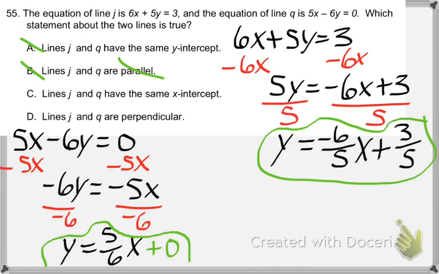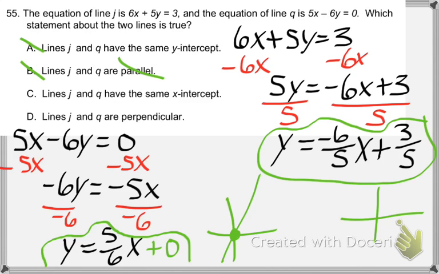Okay, having the same x-intercept? You could find the x-intercept if you took the time to graph them, but I'm going to give you a hint. Notice how this y-intercept is 0? A y-intercept of 0 is right here. Hey, that's the origin, and that's also the x-intercept. That line has a positive slope, so it does something like that.